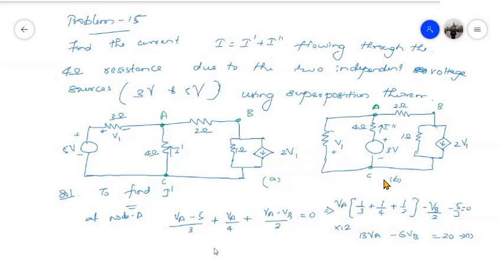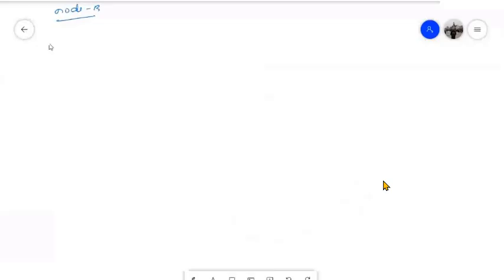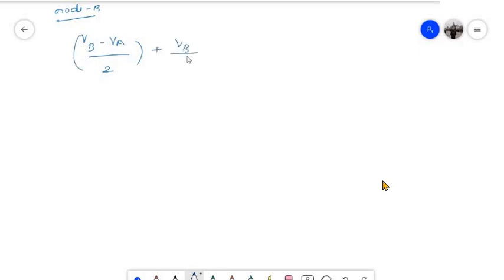So ultimately now we have the currents like this, here, here and then here. So this will be VB minus VA divided by 2 plus VB by 1 plus 2 times V1. So this is equal to 0.